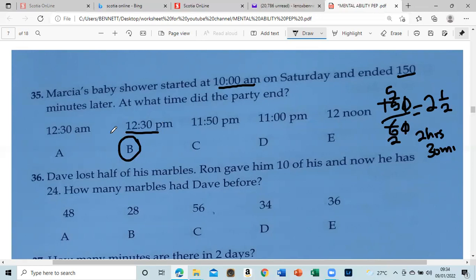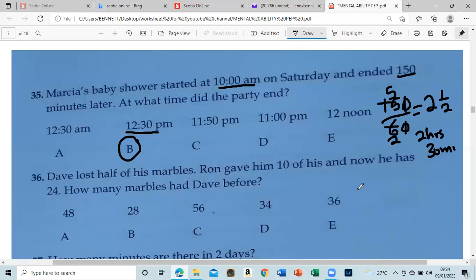Alright, so 36 now. Dave lost half his marbles. Ran gave him 10 of his and now he has 24. How many marbles had Dave before? Come on, space is so limited. Alright, so Dave lost half his marbles. Ran gave him 10 of his and now he has 24.